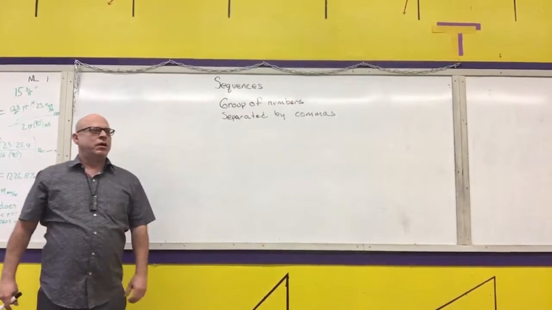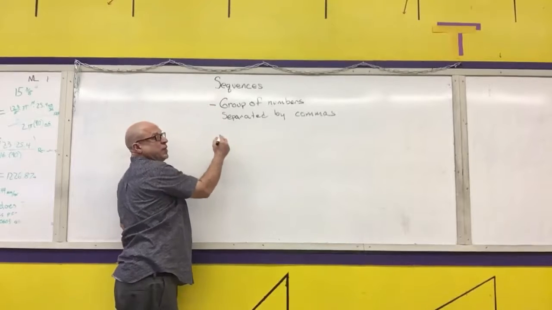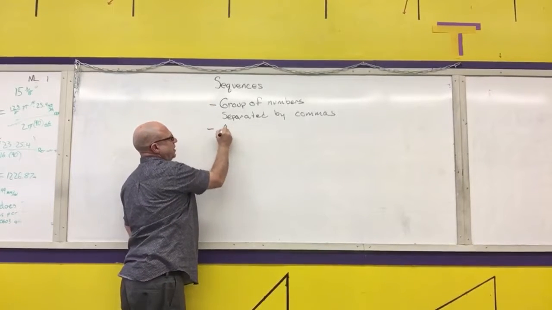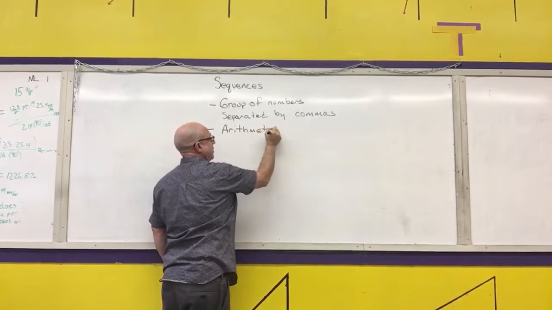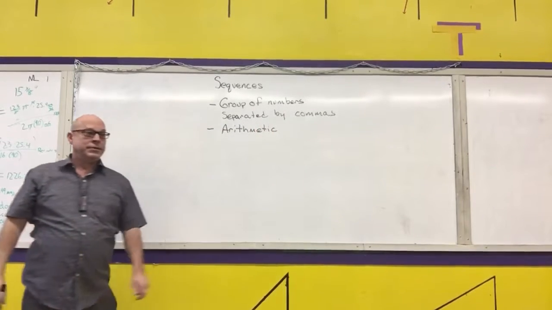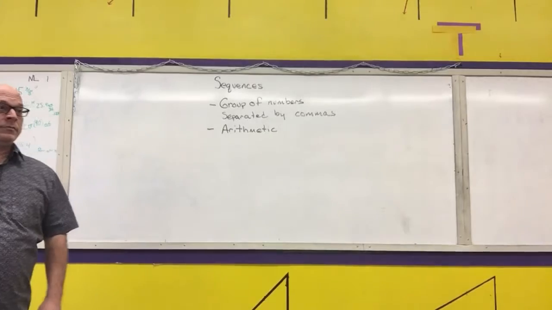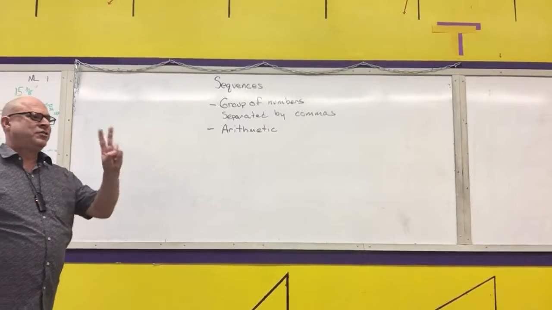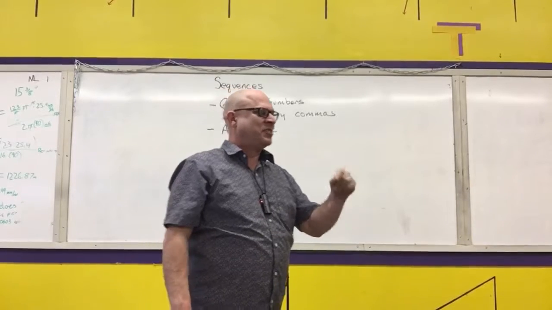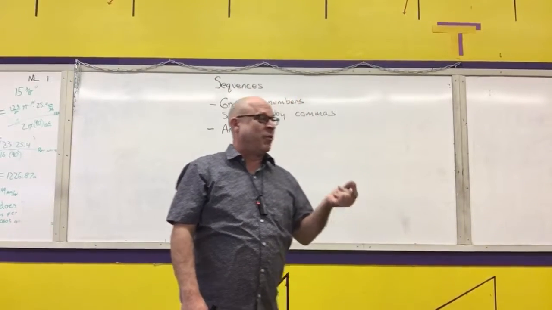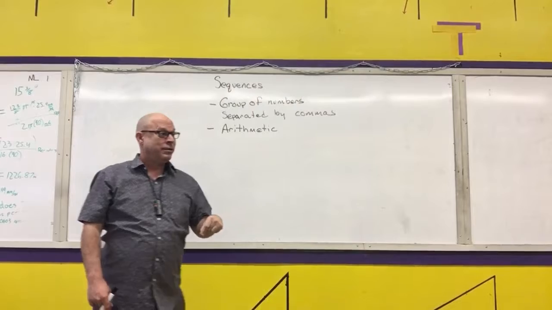Okay? So, there are two special types. The first type is arithmetic. It's a word that is spelled the same but pronounced differently, like read and read. What is arithmetic?